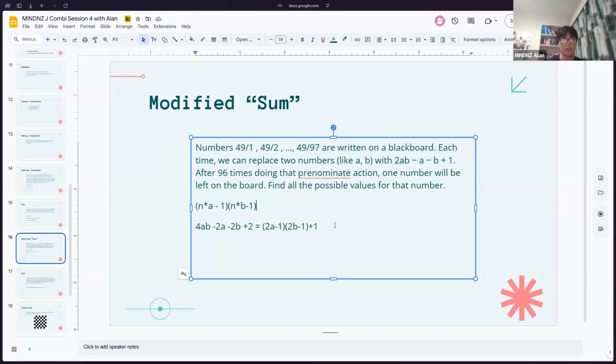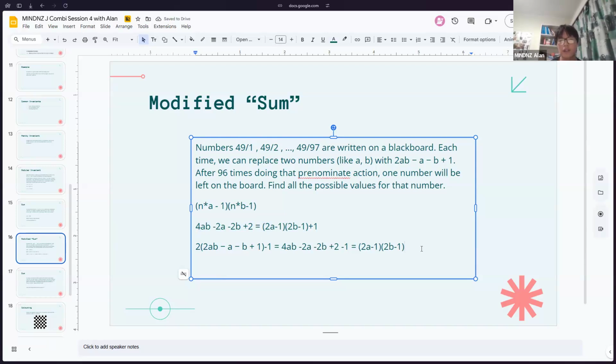So if we take 2 times 2ab minus a minus b plus 1, minus 1, we get this thing minus 1, which is also equal to 2a minus 1 times 2b minus 1.